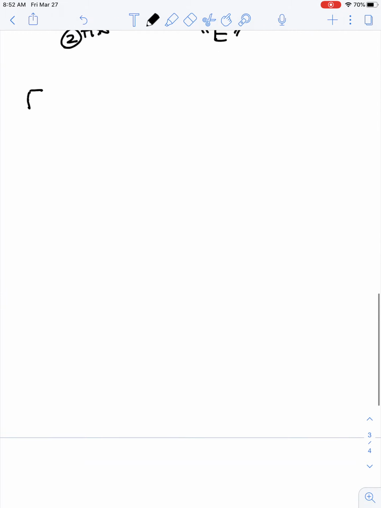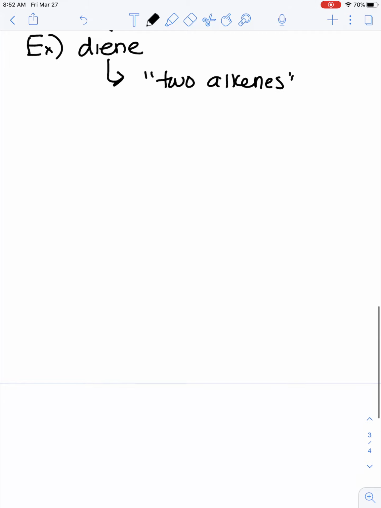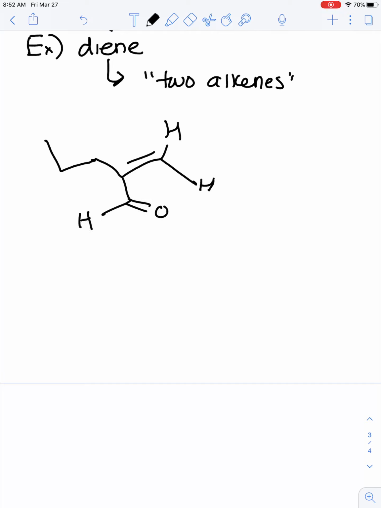For the third example, we're going to look at a diene. A diene is two alkenes. If we look at something that looks like this, Ph is a phenyl.